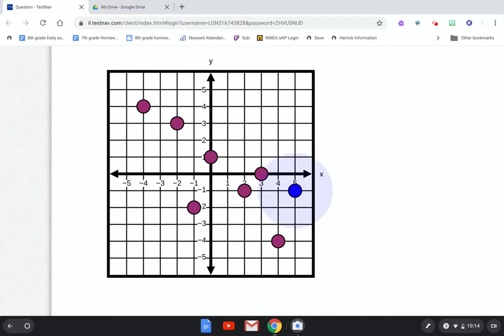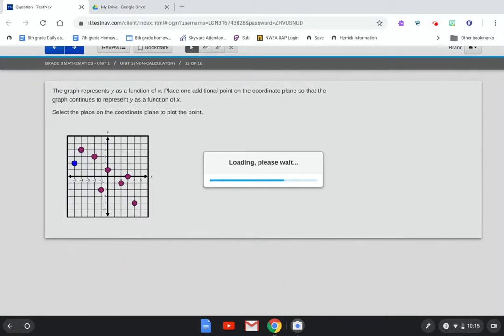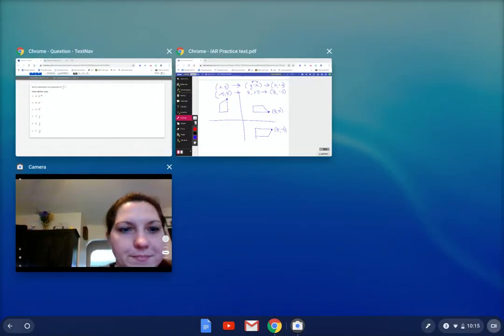What you cannot do is choose an input that already has an output. So I can't say right there, because the input of -2 would have 2 outputs, 1 and 3. That doesn't make sense. So there are many different answers. I'm going to choose that one and move on. All right, question 13. Here, let's go back.